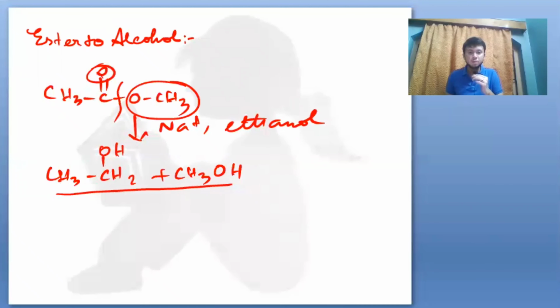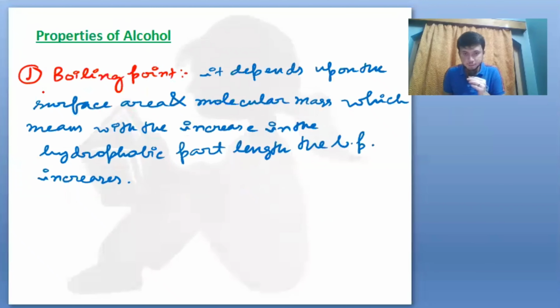So let's see some properties of our alcohol. That is our boiling point. It depends on the surface area and the molecular mass. With the increase in the hydrophobic part length, the boiling point increases.